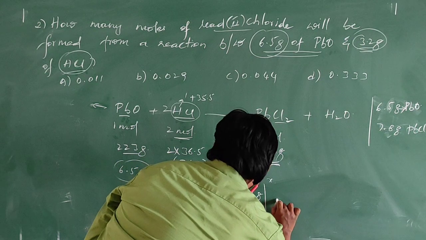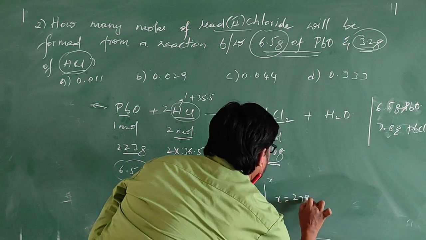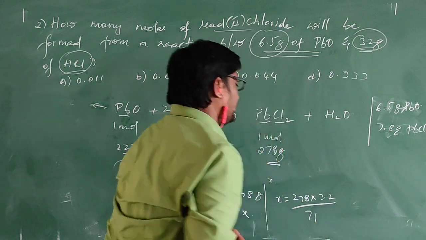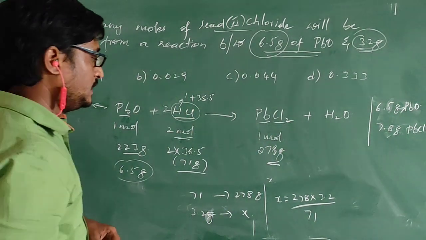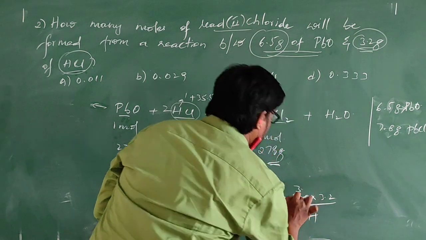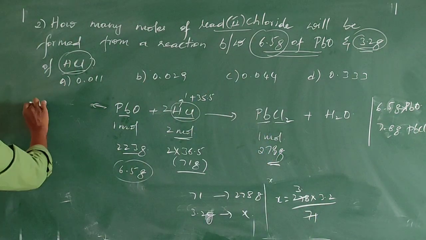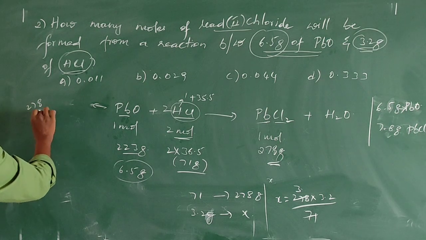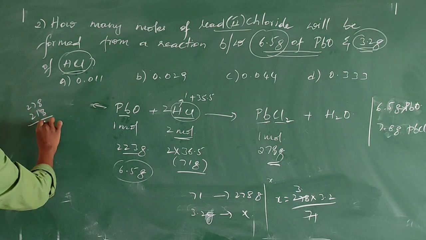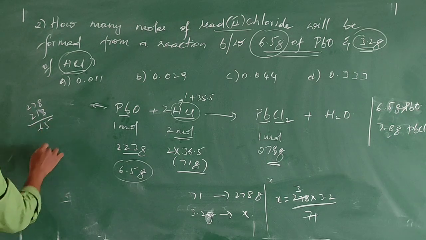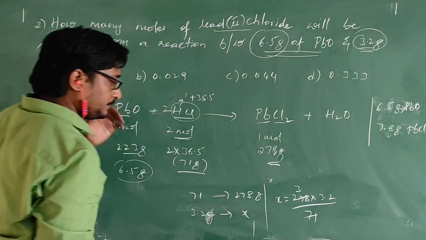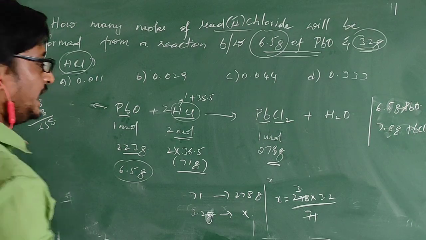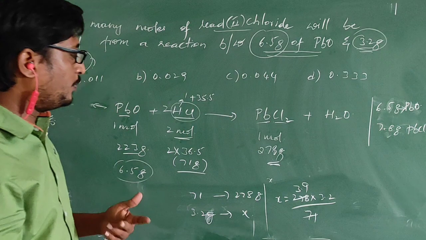X will be equal to 278 into 3.2 by 71. It will be approximately 3.9.